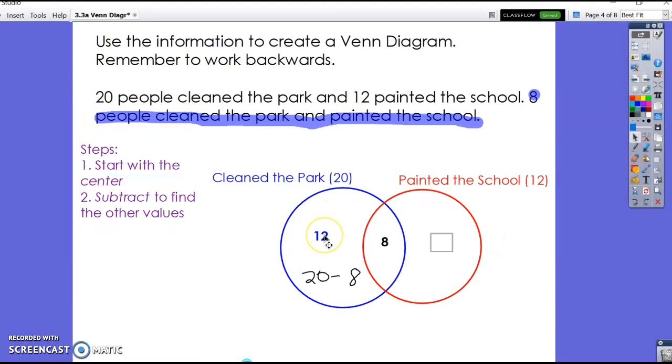Okay, and notice that now in our circle, 12 plus 8 gives us that total of 20 people. Let's take a look at the people who painted the school. Well, we already accounted for 8 of them, so 12 minus 8 is going to leave us with 4 people who only painted the school. And again, if we double check our work, everything in the red circle, 8 plus 4 gives us that total of 12 people who in some way helped paint the school.